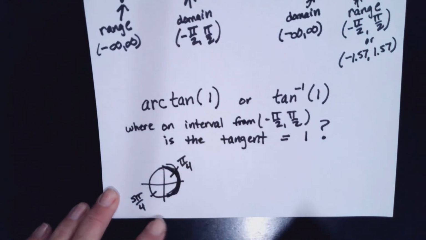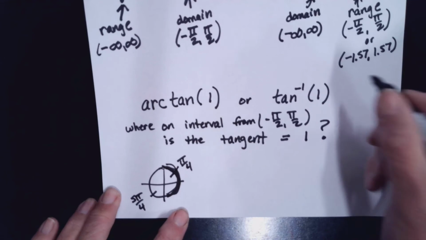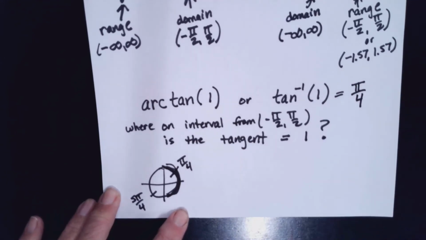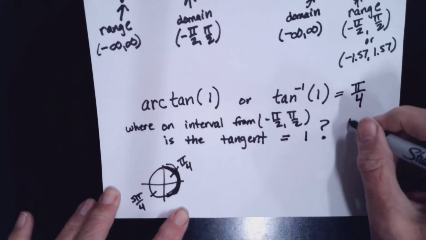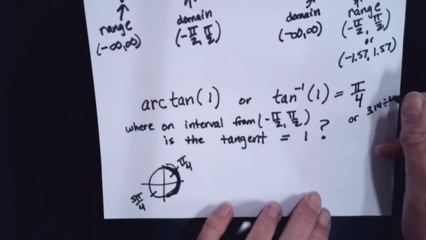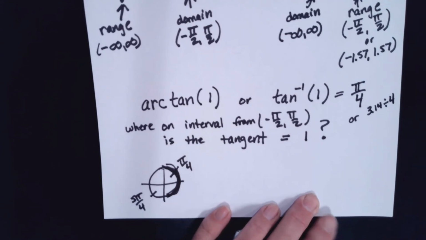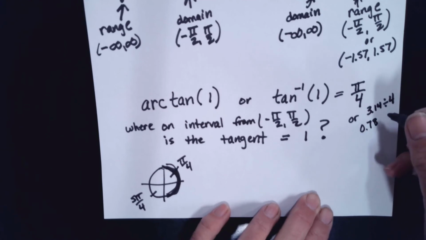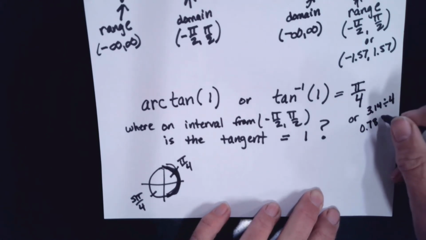So the inverse tangent, or the arctangent, would be equal to pi over 4. Or you have 3.14 divided by 4 if you want a decimal approximate answer. Let's see, what is that? That's about 0.7854.